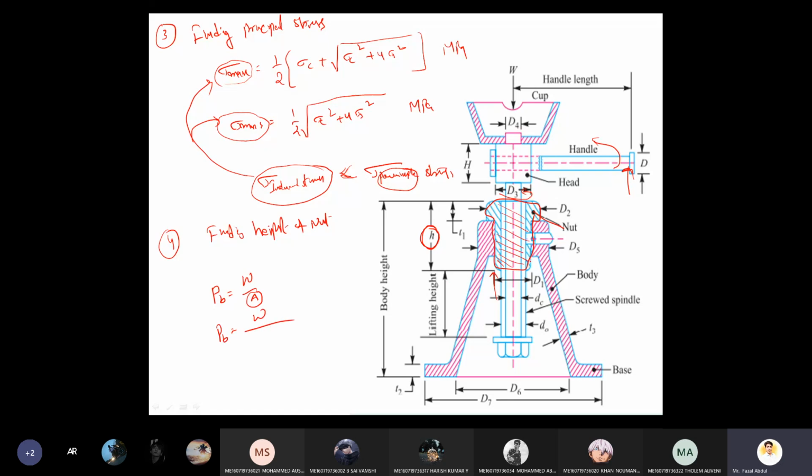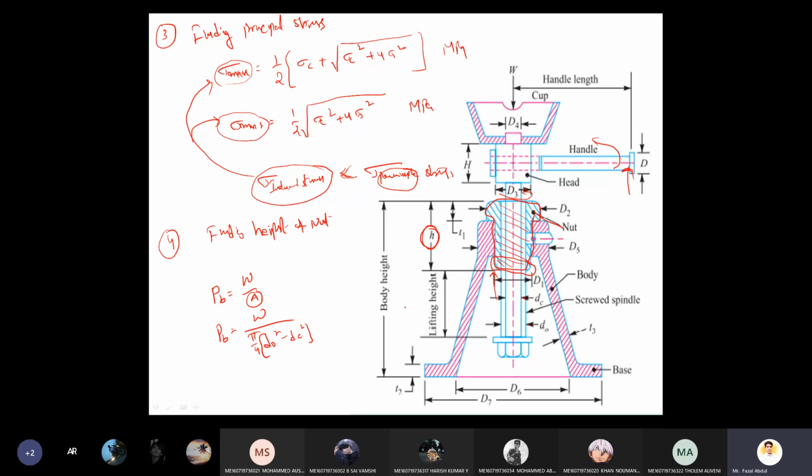For one particular threaded portion, I'm calculating pi by 4 into d naught square minus dc square. See here, d naught is the outermost layer and dc is the inner core. So this is the equation for one threaded portion, the contact between the nut and screw.